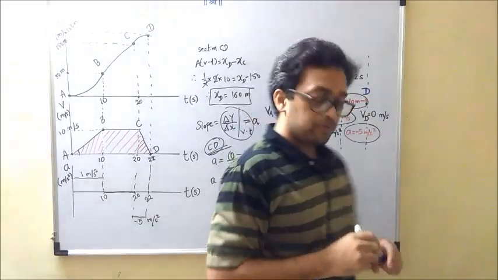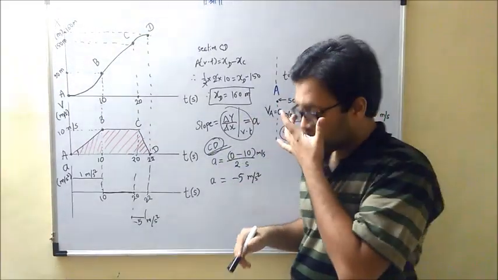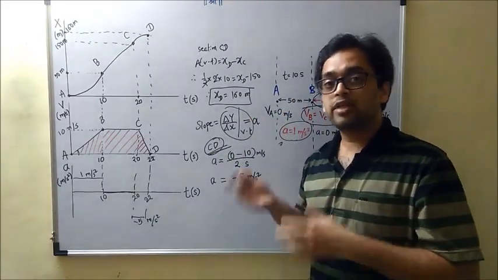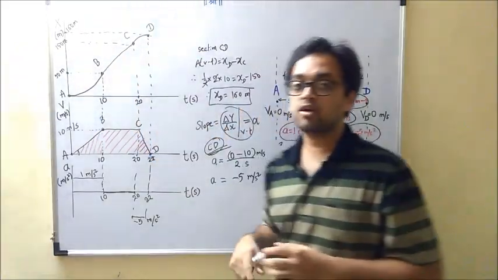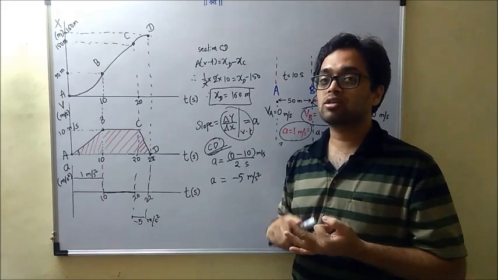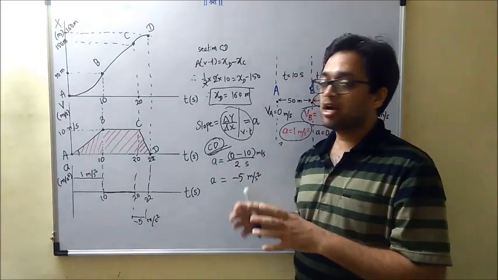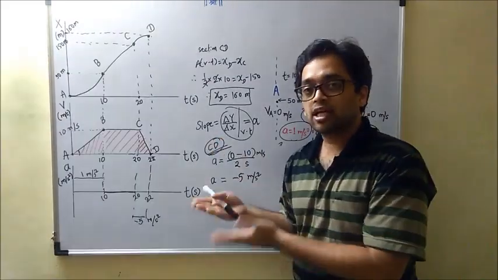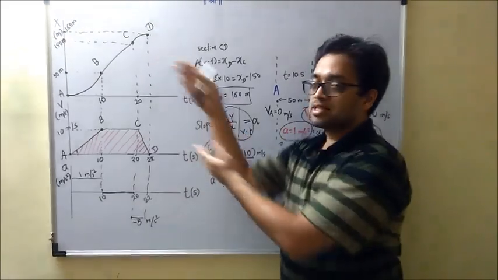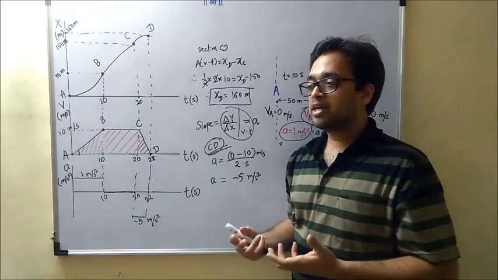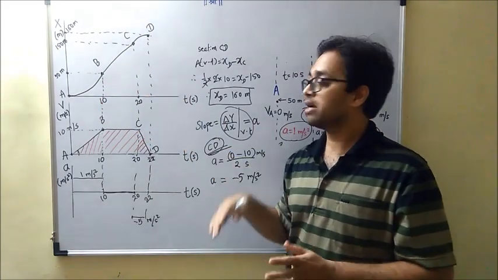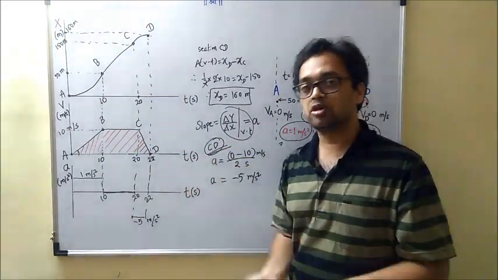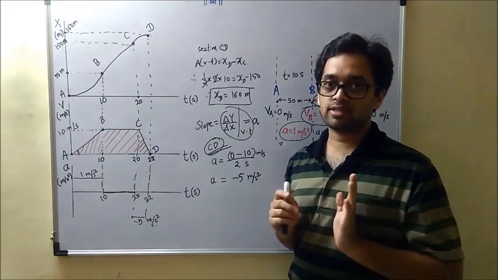The same answer. Now this is not surprising because your kinematic equations themselves govern the nature of these lines. So whatever first degree curve, zero degree curve, second degree curve, whatever curves I had told you, those kinematic equations express these curves. So kinematic equations are expressing the graphical method. That is why by either of these two methods you must get the same answer.